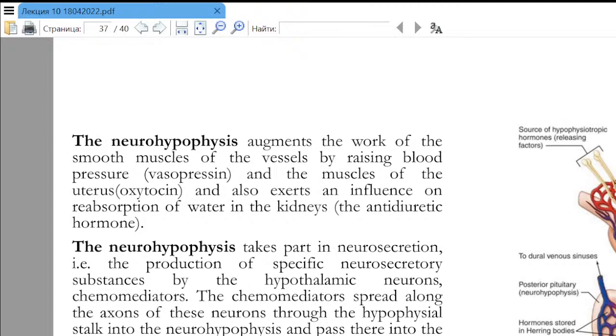It also exerts an influence on the reabsorption of water in the kidney, the antidiuretic hormone. The neurohypophysis takes part in neurosecretion, the production of specific neurosecretory substances by the hypothalamic neurons.